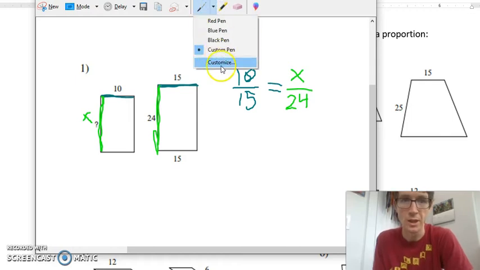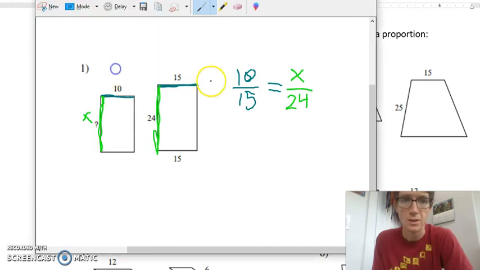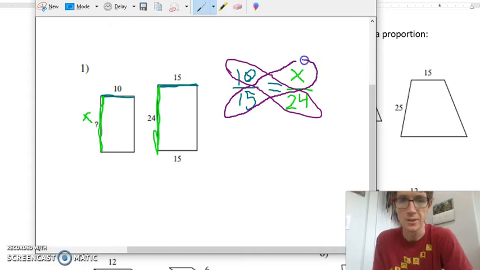We're just going to cross multiply. So 10 times 24 will be equal to 15 times x.